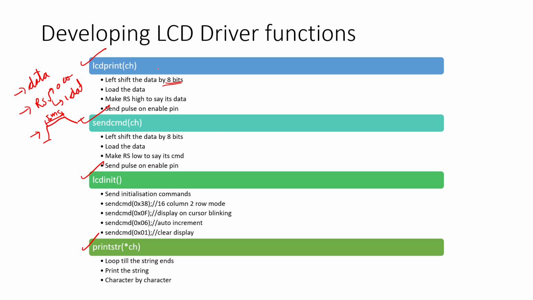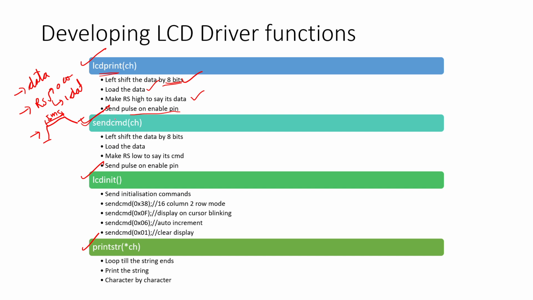So when you perform a normal bitwise OR operation, all the bits will be properly copied onto the pins. After left shifting by 8 bits, we load the data. Loading the data is nothing but performing a normal OR operation, and then we make the register select high because LCD print deals with sending data. Next we send a pulse on the enable pin.